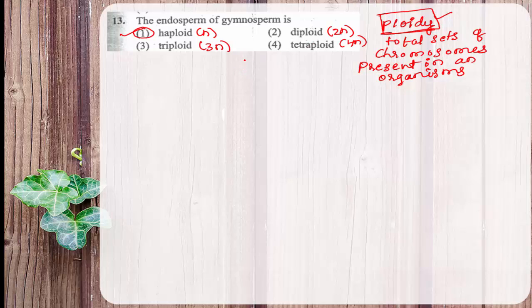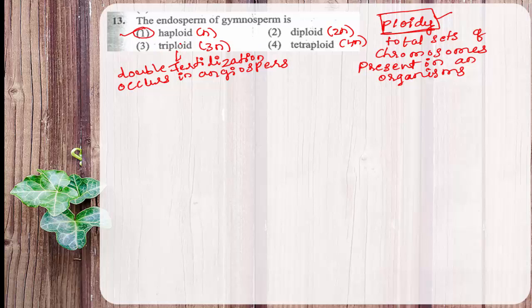Then question is, why it is haploid and where do you find the triploid endosperm? See, the triploid endosperm is the product of double fertilization. Double fertilization occurs in angiosperms.